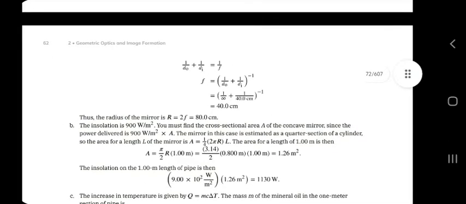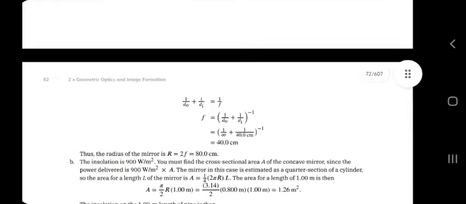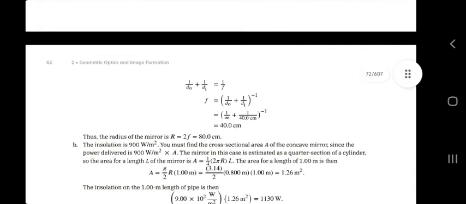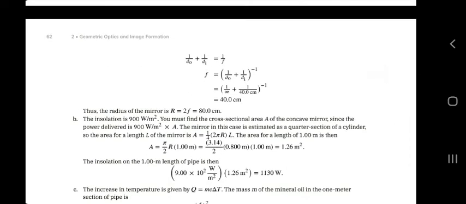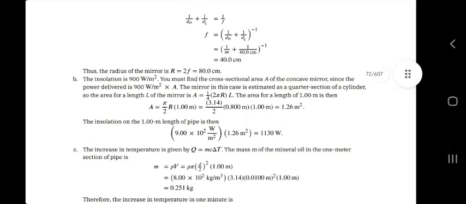So let's proceed to letter B. The insolation is 900 watts per meter squared. So we must find the cross-sectional area A of the concave mirror, since the power delivered is 900 watts per meter squared times A. The mirror in this case is estimated as a quarter section of a cylinder.